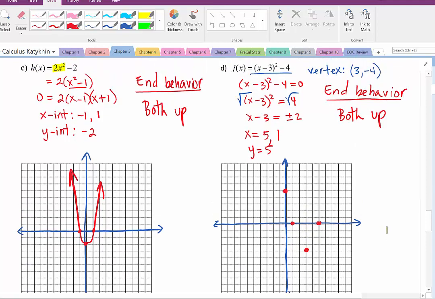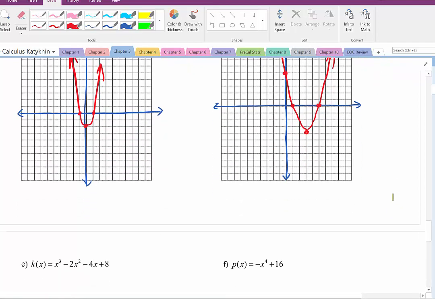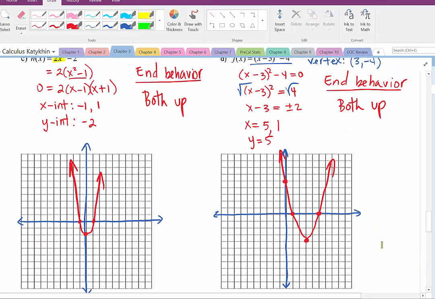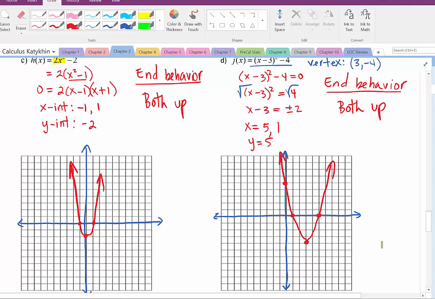And now I can go ahead and graph that. So you're going to have it going this way, and you're going to have a graph going that way. So that gives us the sketch of that graph, pretty accurate actually, because this was in vertex form, we were able to find the vertex as well.